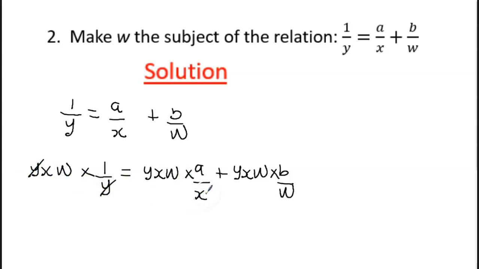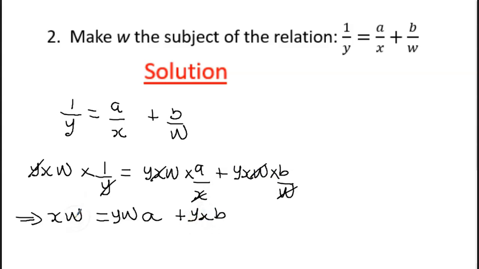Here x cancels x, w will cancel w. So we have x w is equal to y w a plus y x b.